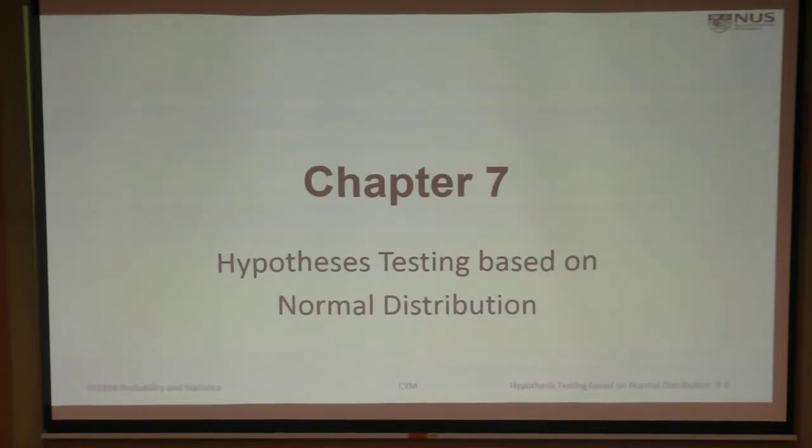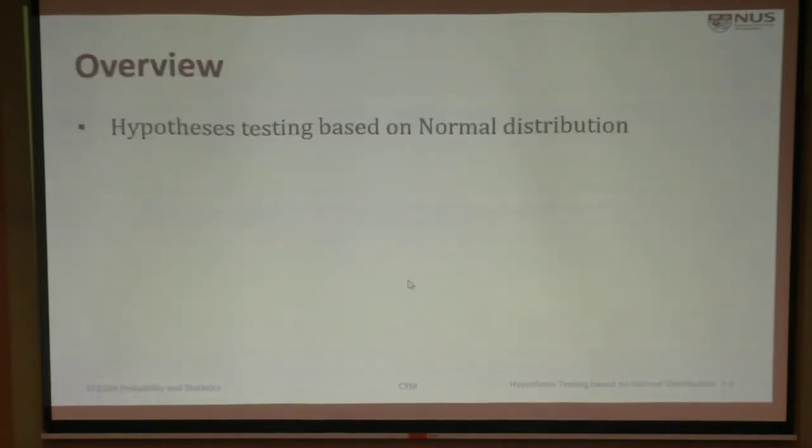But we restrict our discussions mainly on problems concerning the parameters from normal distributions, normal populations. So what we're going to talk about is the testing based on normal distributions.